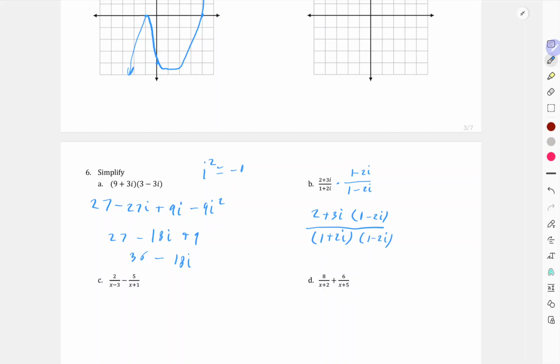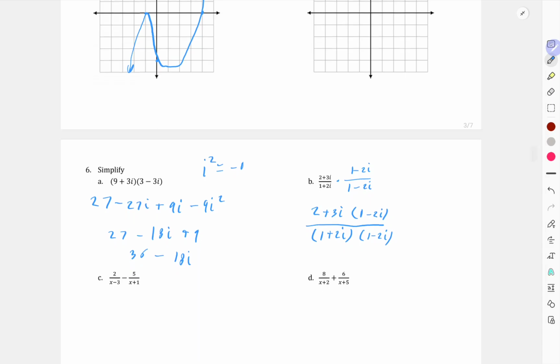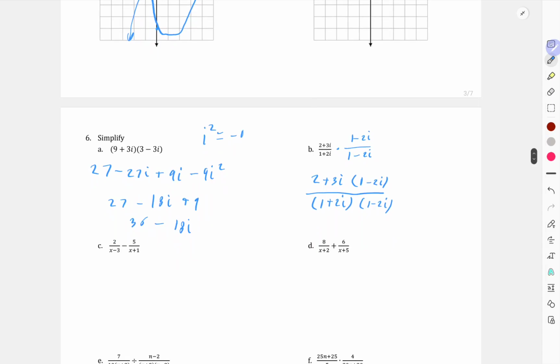Essentially, let me think this through a little bit. No, I think I'm doing it right. So when you multiply all this extra stuff, you essentially get 8 minus i over 1 plus 2i, and then 1 minus 2i.